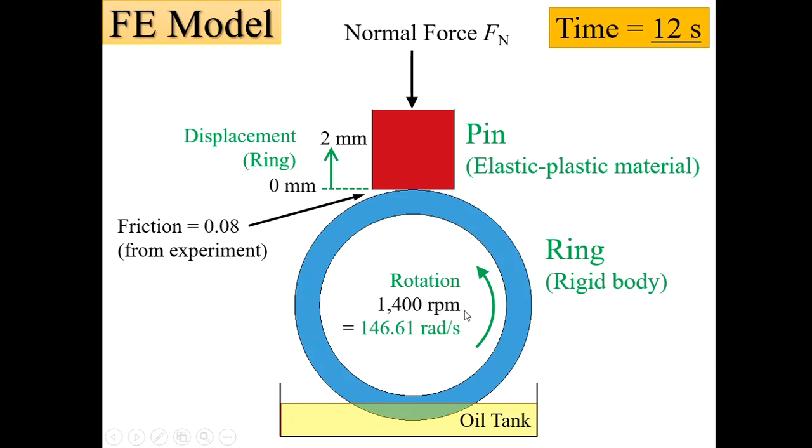The rotation speed is 146.61 rad per second, where we already converted from the RPM. Since the friction coefficient is the input to the simulation, from the experiment we obtain 0.08. This represents the lubricating effect between the pin and ring sliding surfaces.